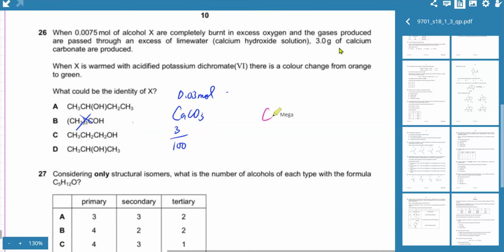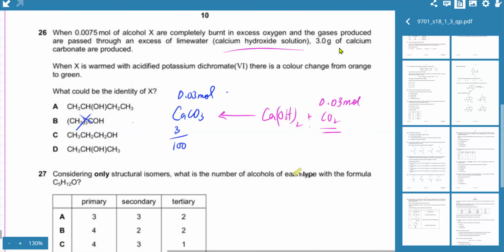The question says that calcium hydroxide solution is absorbing carbon dioxide, right? That would result in the formation of calcium carbonate. So it basically takes 1 molecule of carbon dioxide to produce 1 molecule of calcium carbonate. So the moles of carbon dioxide are exactly the same. In the reaction, it's 0.03 moles of carbon dioxide that is getting produced.